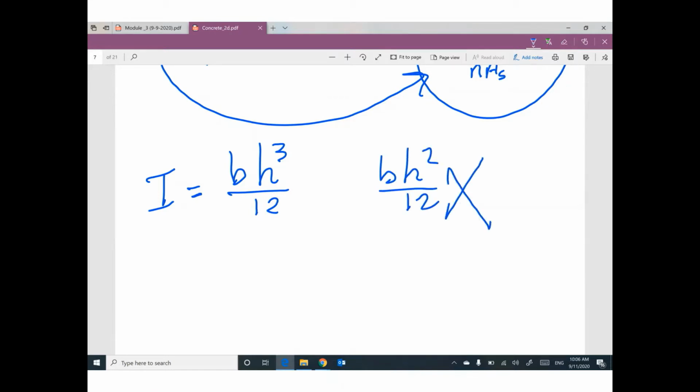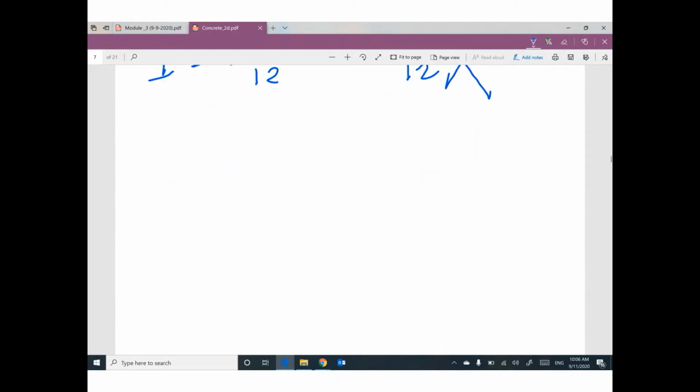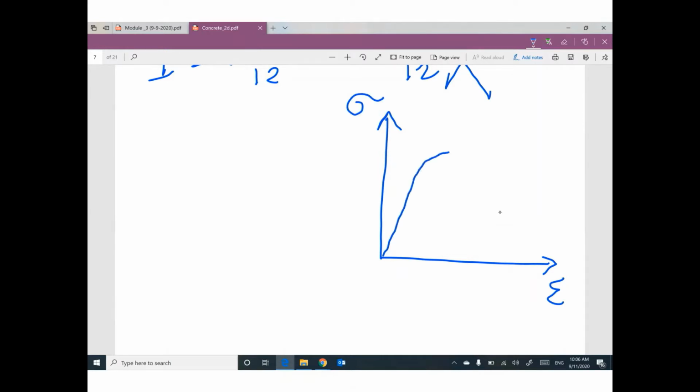The last thing, guys, there is a big difference. I think Nancy did it wrong. We learned that we have a stress-strain curve for concrete, and it looks like this. Do you remember what the highest value here is?